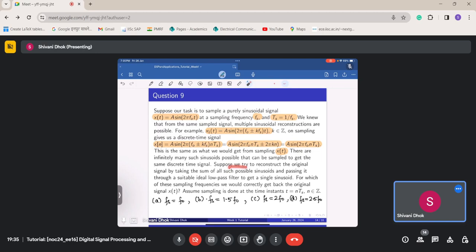So suppose we try to reconstruct the original signal by taking the sum of all such possible sinusoids and passing through a suitable ideal low pass filter to get a single sinusoid, the single sinusoid which we sampled. For which of these sampling frequencies would we correctly get back the original x(t)? Assume the sampling is done at t equal to nTs. So these are your 4 options. What will be your answer?